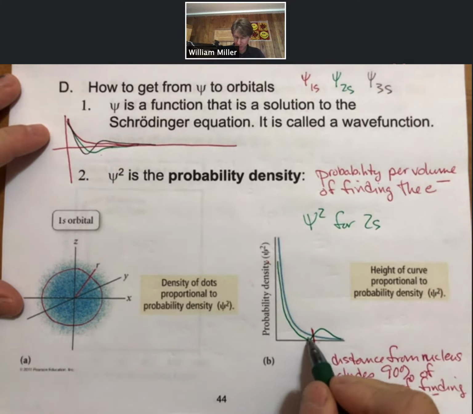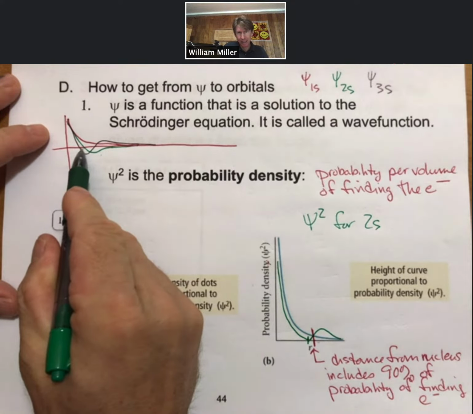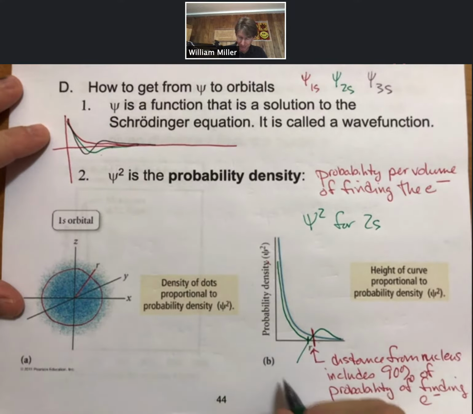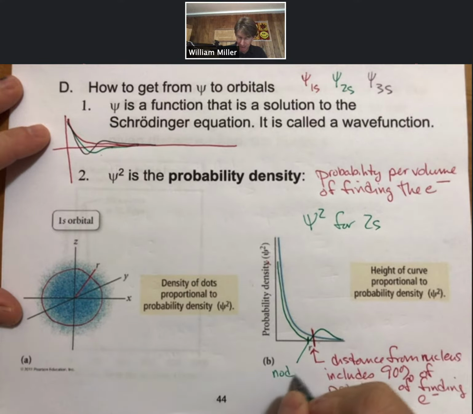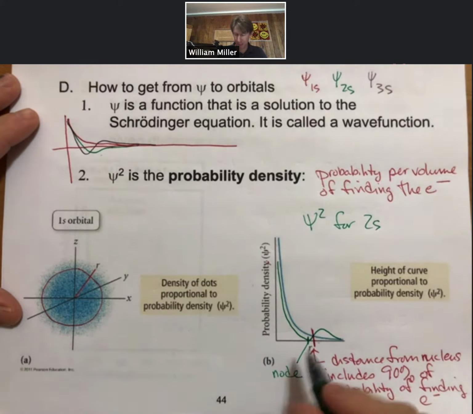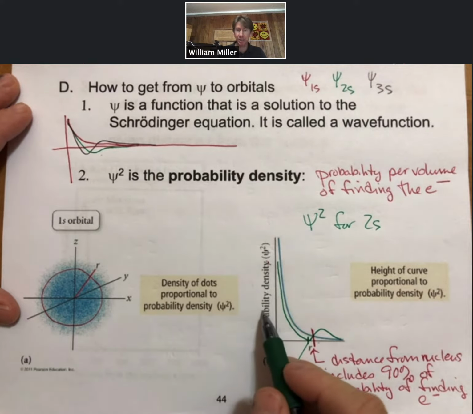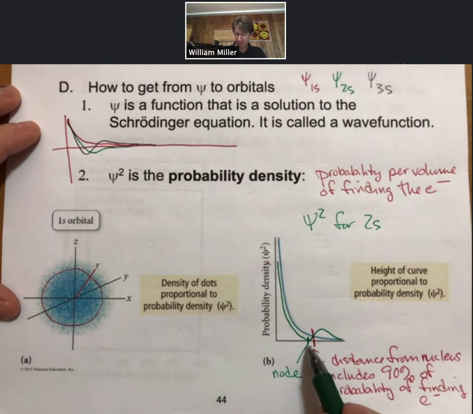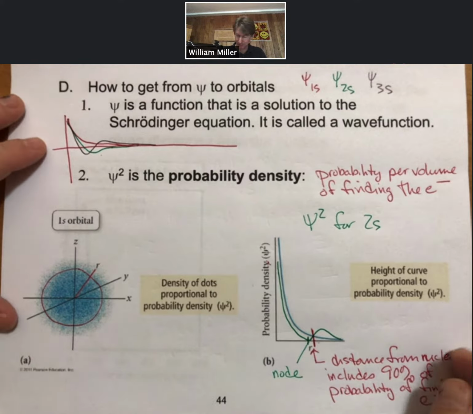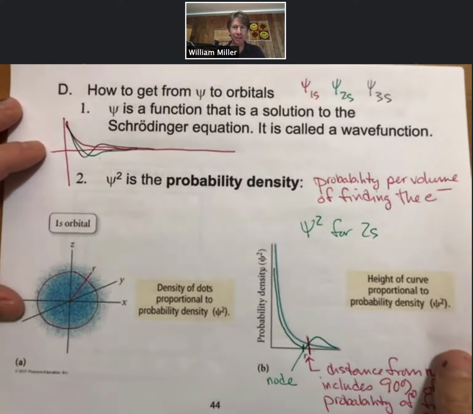And this point right here where it touches is where it actually crosses the x-axis up here, and that is also going to be a node. And a node is a place where there is zero probability, in this case, zero probability density of finding the electron. And actually the node for 2s is actually pretty close to the maxima, or sort of inside the 1s orbital. Anyway, it's actually not a bad drawing.